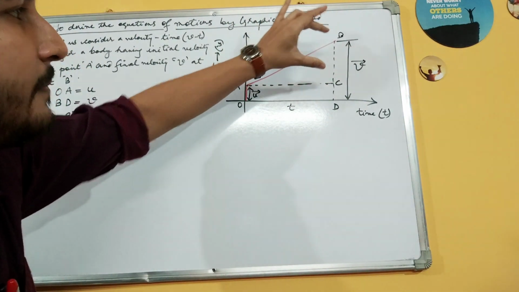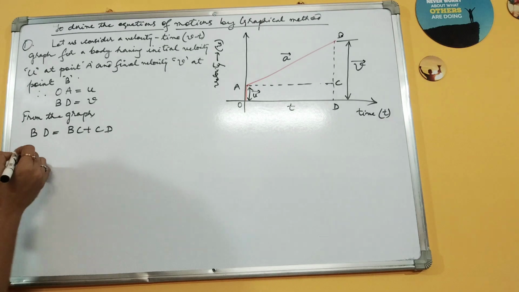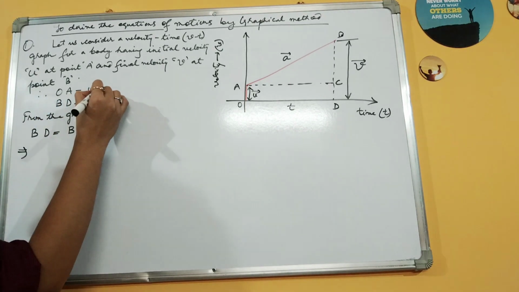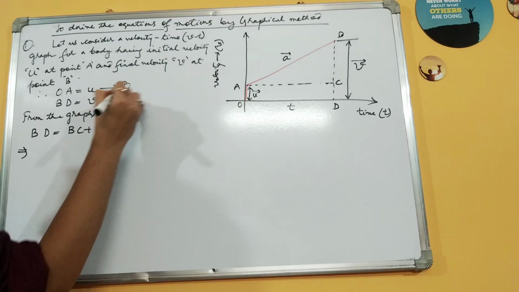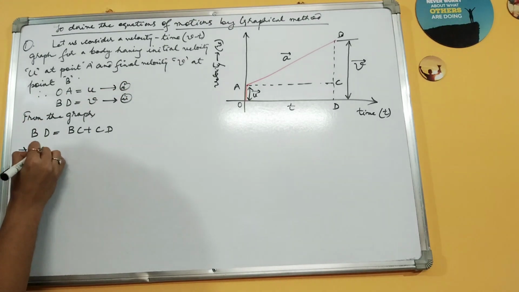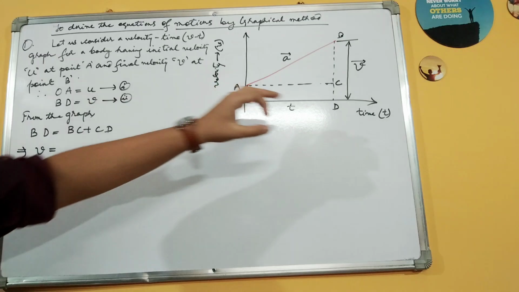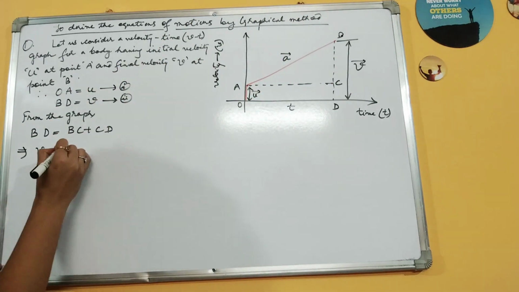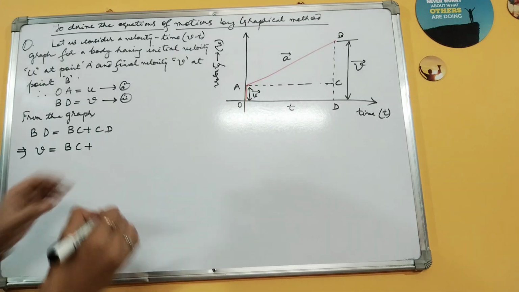Now what's the value of BD? BD मतलब क्या है? V. What is the value of BC? We need to find it out. We don't know BC, so let's just give it BC. What is the value of CD?